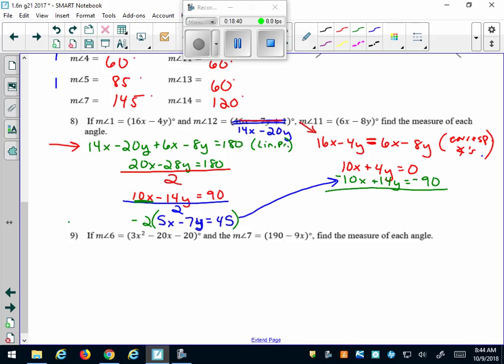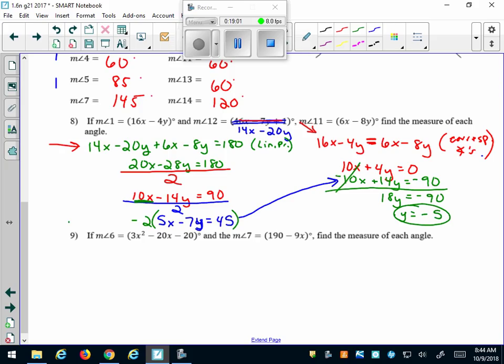And then we are adding our two equations together. This cancels. This is 18y equals negative 90, and so y equals negative 5. If y is negative 5, then I should be able to plug that back in to solve for x.